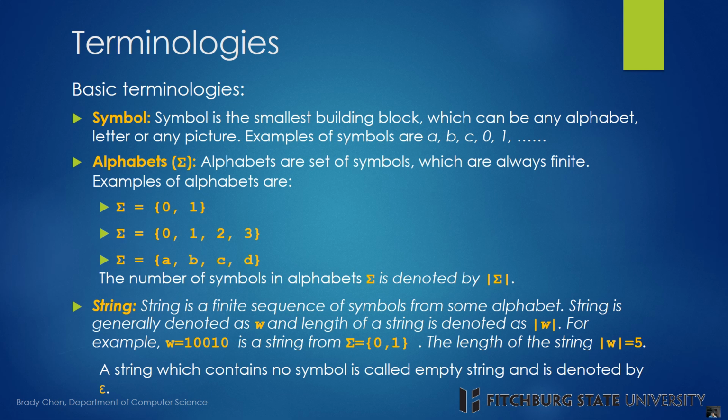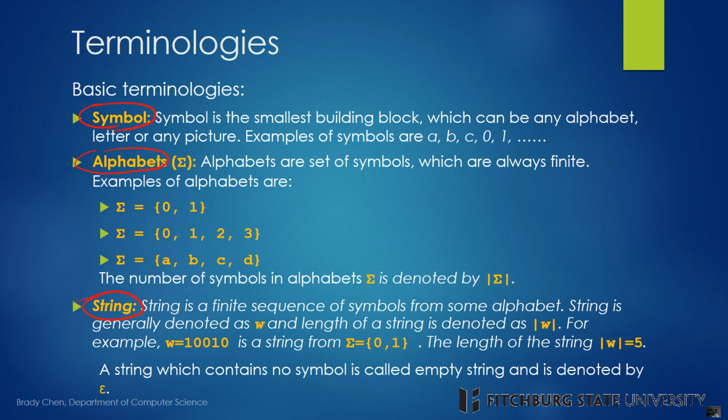First we're going to talk about the terminologies used in automata. We have three terminologies: symbol, alphabet, and string. A symbol is the smallest building block.